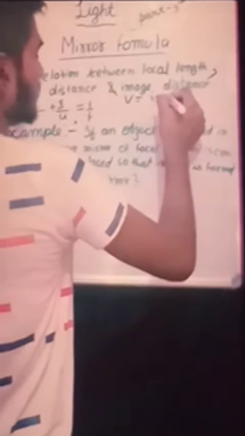As I told you, 1/v + 1/u = 1/f, where v is the image distance, u is the object distance, and f is the focal length.